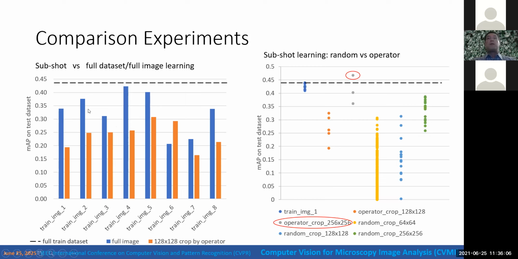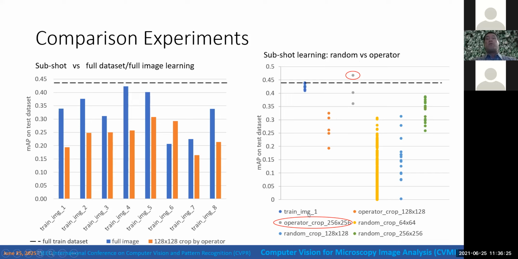When we compare training on crops chosen by the operator and crops chosen randomly, we see systematically better results after training on crops chosen by the operator.